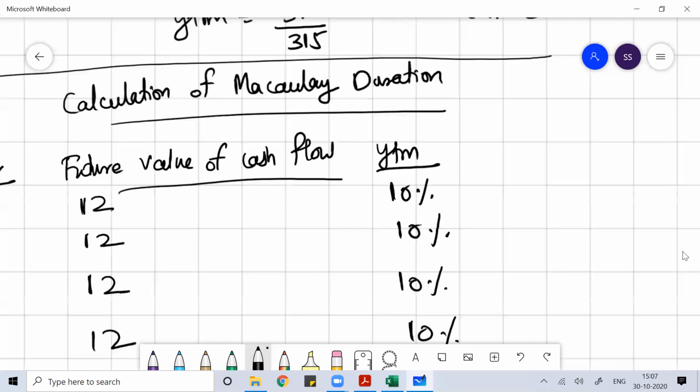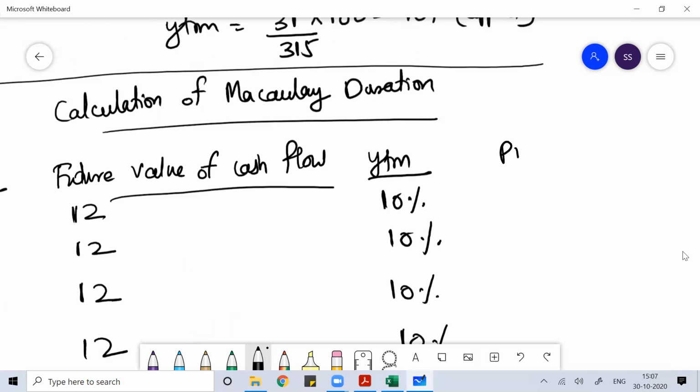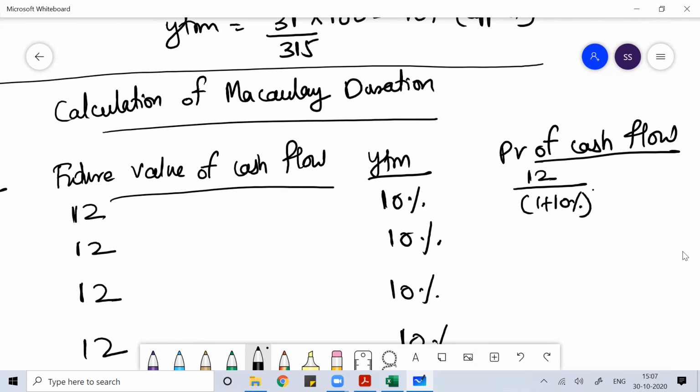So you can find the present value of the cash flow. That is 12 divided by 1 plus 10% for year 1, that is 12 divided by 1.1.